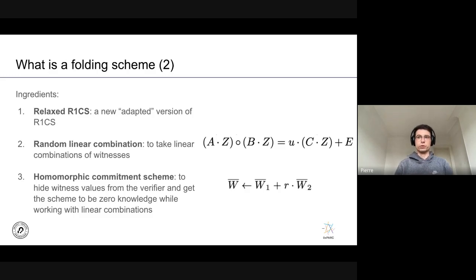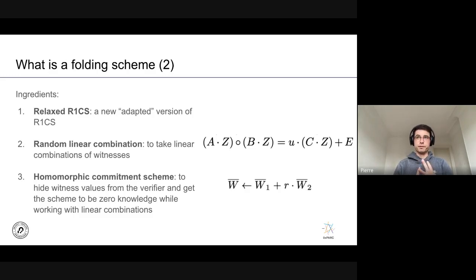And to do that, you not only need a commitment scheme, but you need that commitment scheme to be homomorphic so that you can actually take linear combinations of those two witnesses and still have this committed linear combination of witnesses satisfy the original R1CS instance. So those are the three main ingredients of the folding scheme: the relaxed R1CS, the linear combination of witnesses, and the homomorphic commitment scheme.